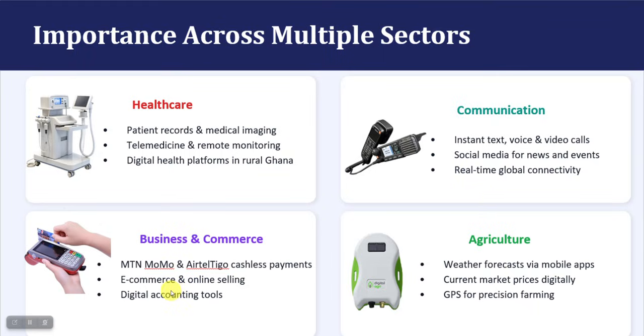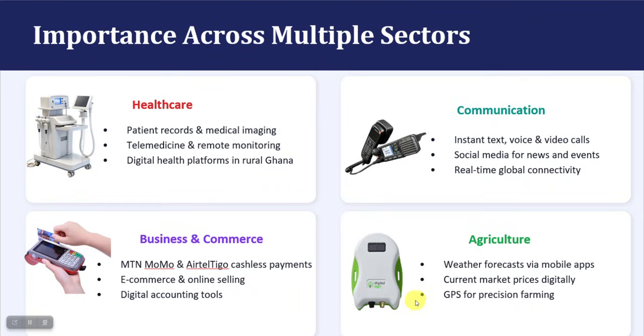And we go to business and commerce. Think about MTN Momo and Airtel Tigo. They are cashless payment platforms, systems that many of your families probably already use. Also, you come to e-commerce, online selling, and digital accounting tools.